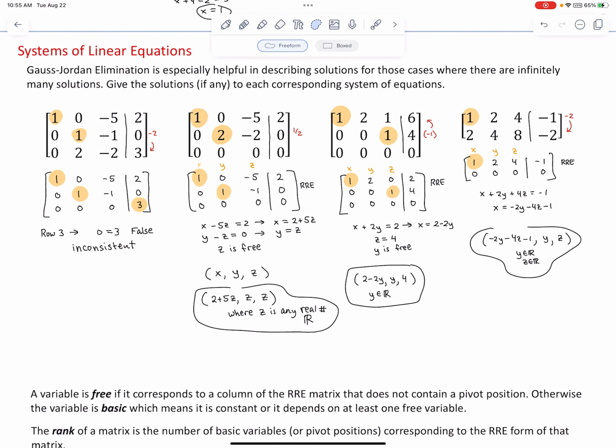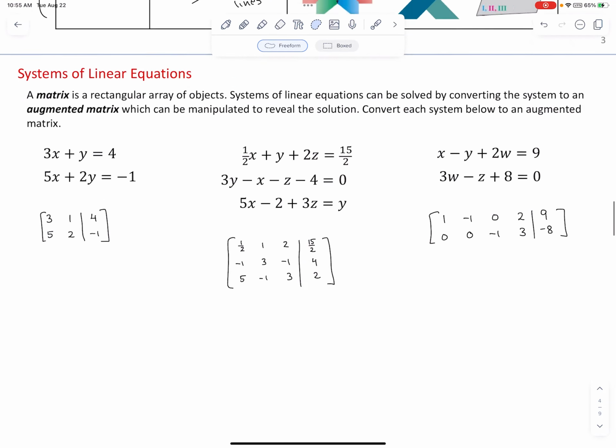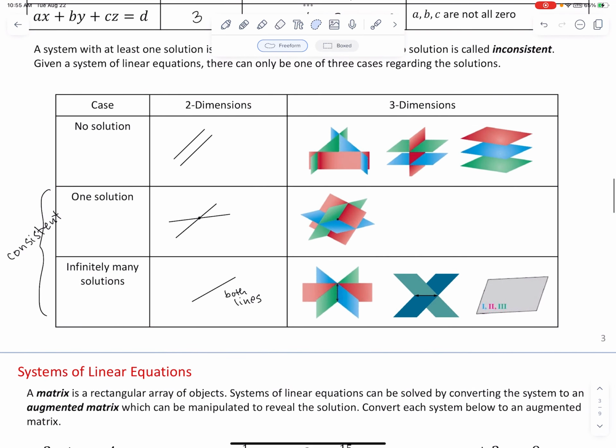Now, just so you know what's going on visually in these cases, let's go back up to our images of how planes could possibly interact. When there's one free variable, then your solution set depends on just the one parameter, and your solution set is all points along a line.